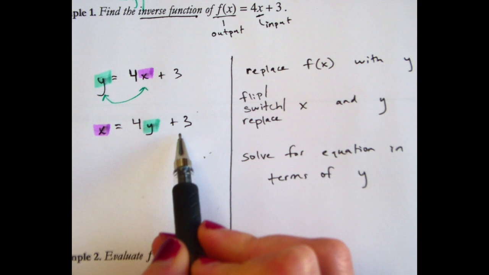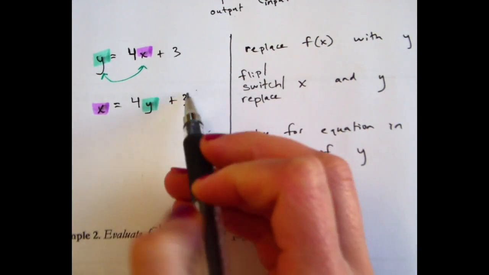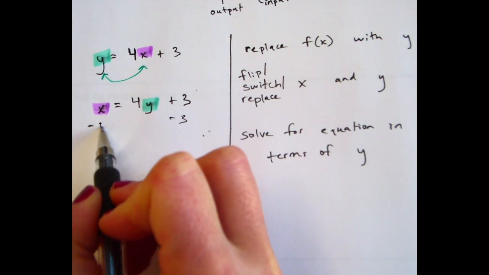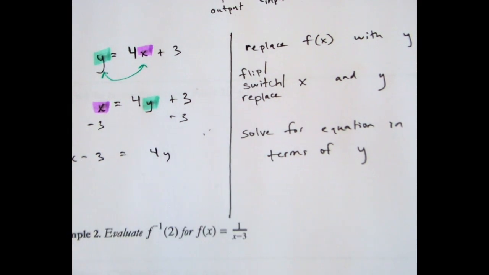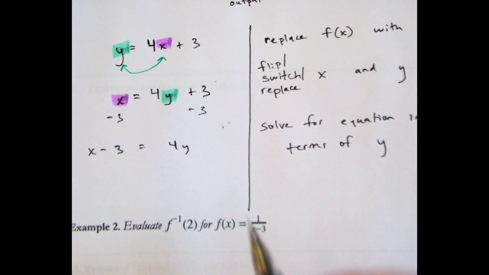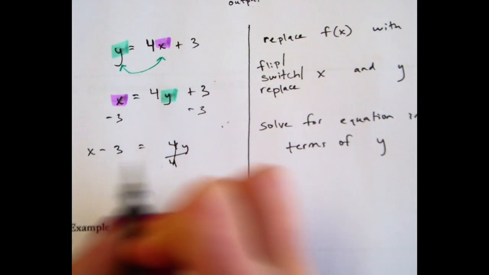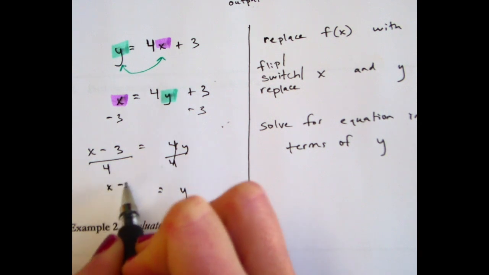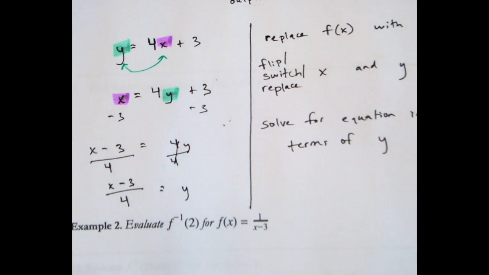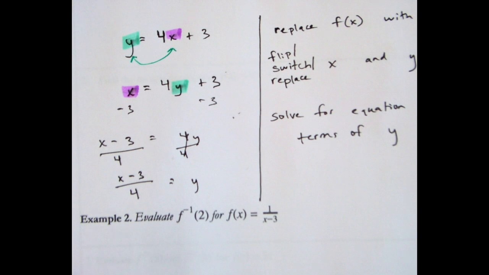So how am I going to isolate y? I'm going to just subtract 3 to start. So now I have x minus 3 equals 4y. And then my very last step to isolate y would be to divide both sides by 4. So I end up with y equals x minus 3 over 4 as my final answer.